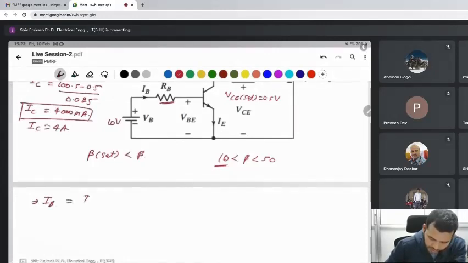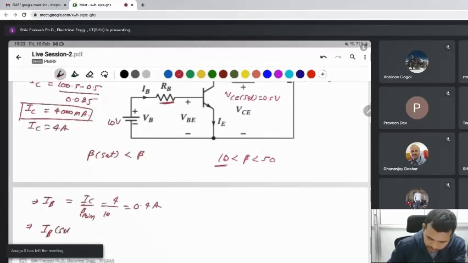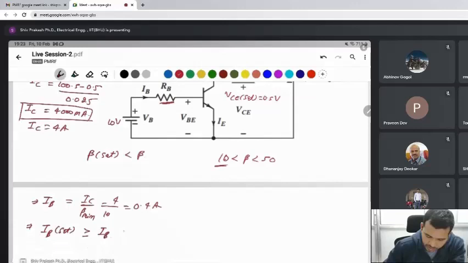IB is equal to IC by beta minimum, which is 4 divided by 10, 0.4 ampere. And IB saturation should be greater than or equal to IB.